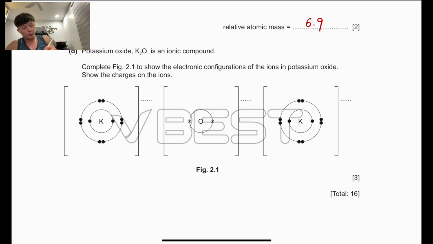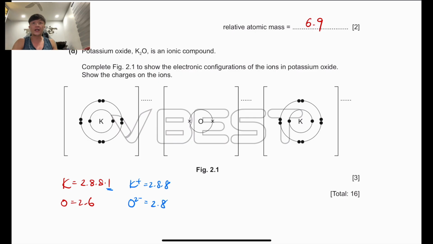So know that potassium is 2,8,8,1 initially. Oxygen is 2,6. So potassium needs to donate 1 to become K positive 2,8,8, and oxygen needs to gain 2 to become O2 negative 2,8. Okay, so complete it. Given here is 2,8.